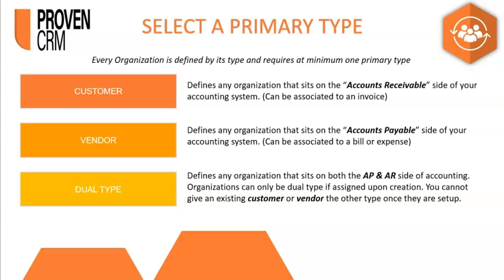Now, our organizations can be typed with both customer and vendor, which means this defines any organization that sits on both the AP and AR side of your accounting. Organizations can only be dual type if assigned at creation. You cannot give an existing customer or vendor the other type once they are set up.